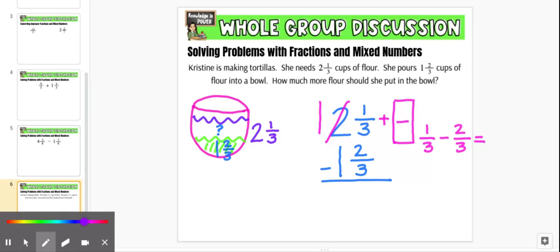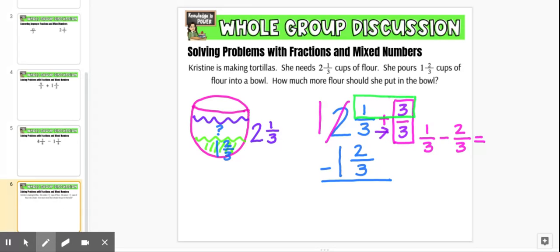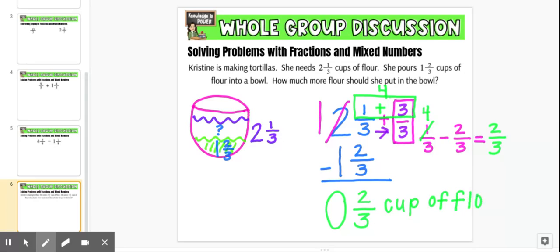In order to make this easy on ourselves, we're just going to bring this over. This giant 1 is going to be 3/3. I'm going to combine these two. 1 plus 3 is 4. So this is going to become 4. 4 minus 2 is 2. Denominator stays the same. So you get 2/3. 1 minus 1 is 0. So your answer is she needs 2/3 cups of flour in order to make her tortillas. And I forgot the S.